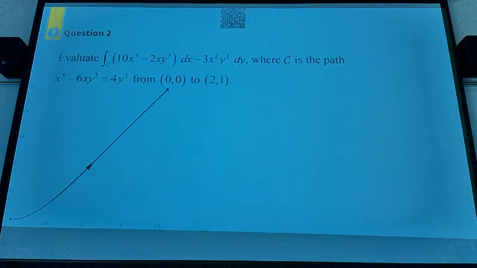What's the condition for path independence? Go back to last week. If I'm not mistaken, last Tuesday.